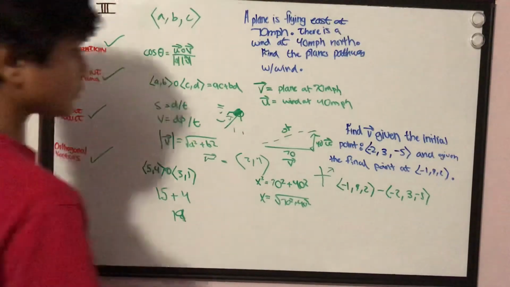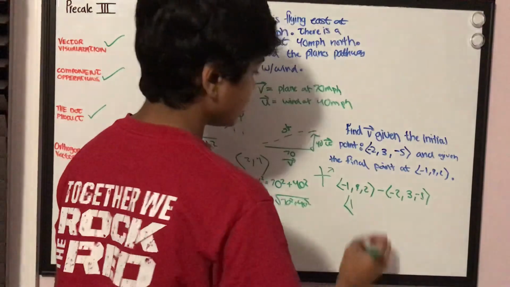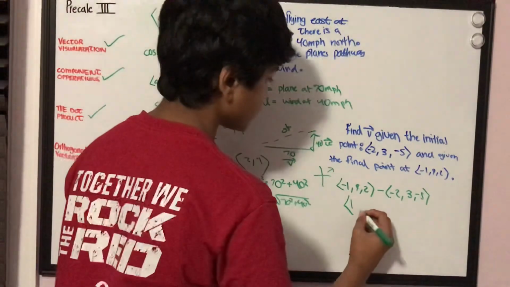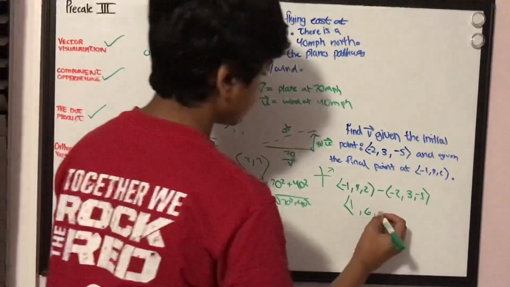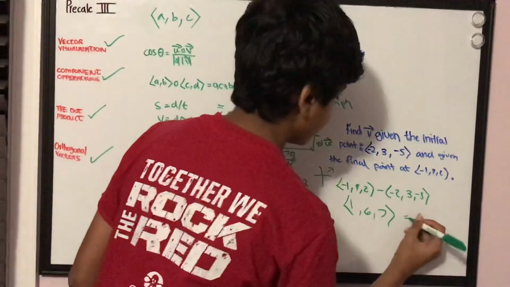Negative 1 plus 2 would be 1. 9 minus 3 would be 6. And 2 plus 5 would be 7. So that's basically vector v.